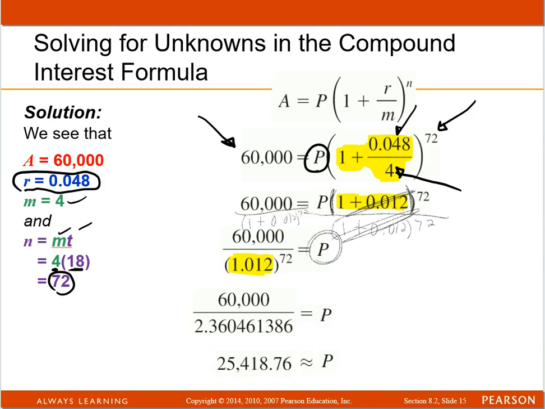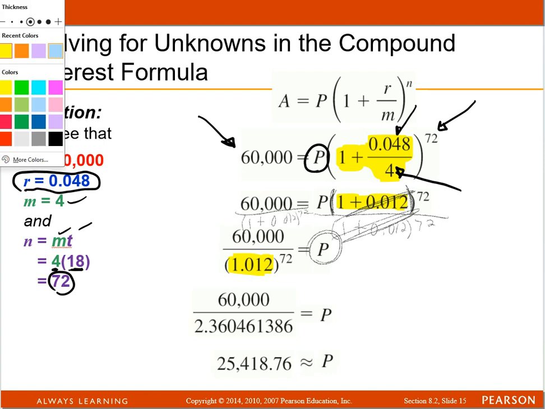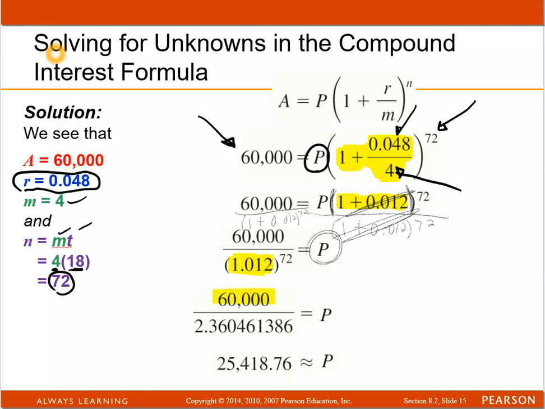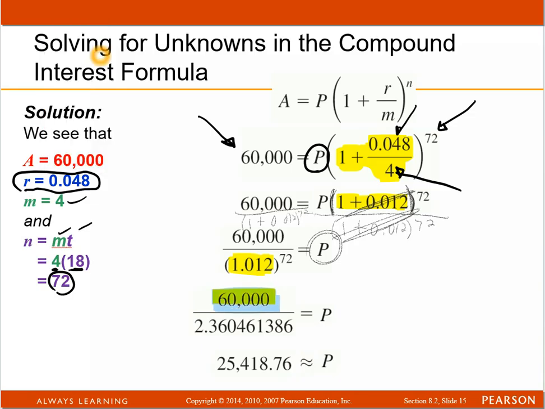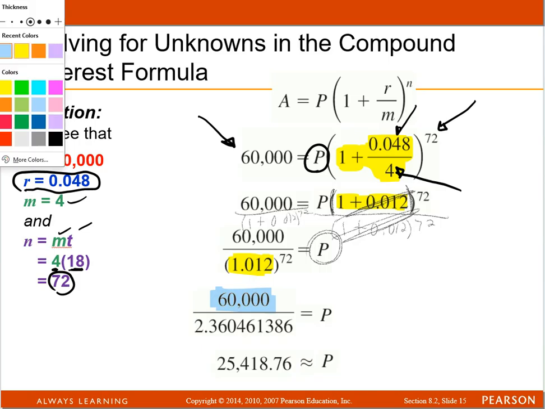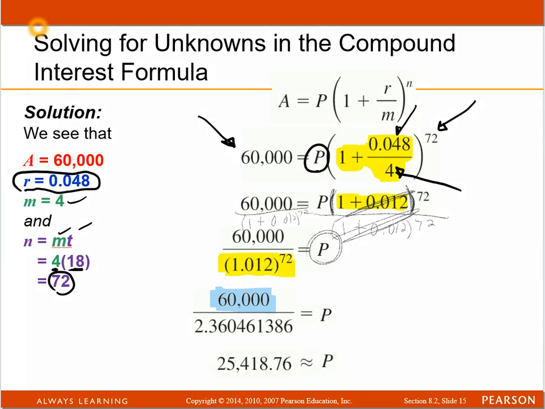So on your calculator, you have to take the $60,000 and divide it by this right here, which they went ahead and calculated, but just type it into your calculator as 1.012 raised to the 72nd power.